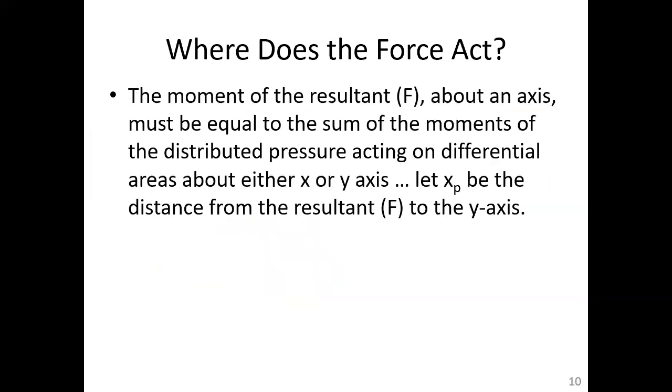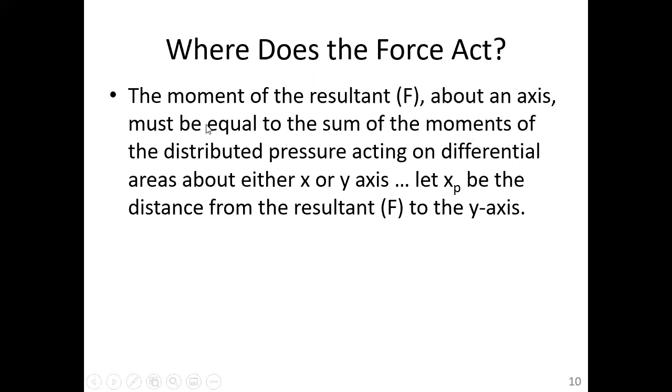So what's typically done in order to assess this is to recognize that if we take that force, the total resultant force F, and its moment arm about either the x or the y-axis, that would be equal to the integration of the force acting on little differential strips with the moment arm of each differential strip to the same axis. So that's basically what this text says.